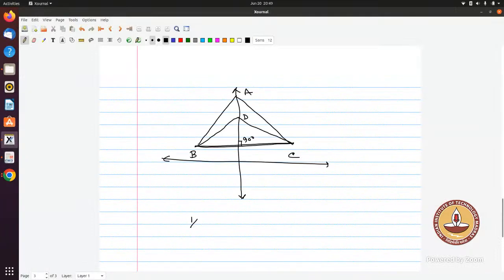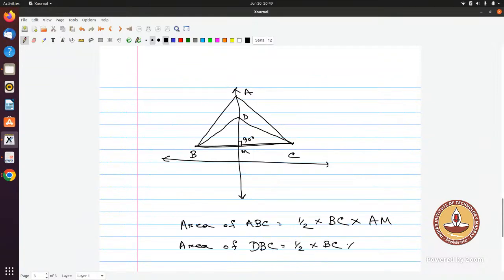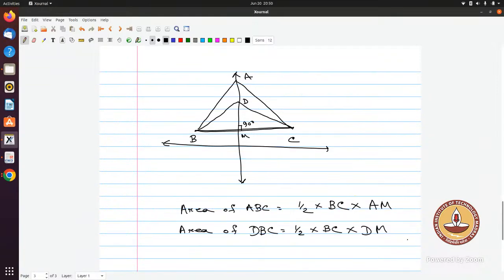So if I take the area formula, area of ABC is 1 by 2 into base into perpendicular. Suppose I call it AM. And area of DBC is, correct.